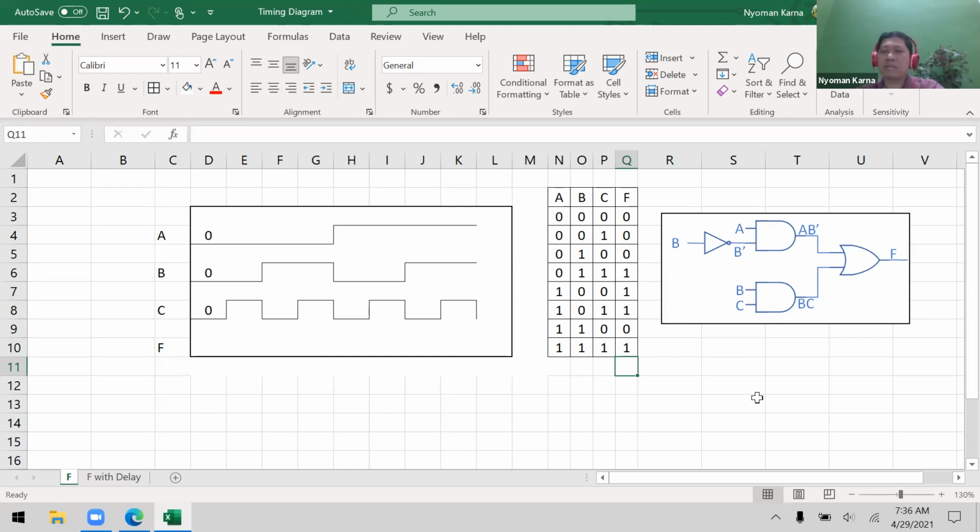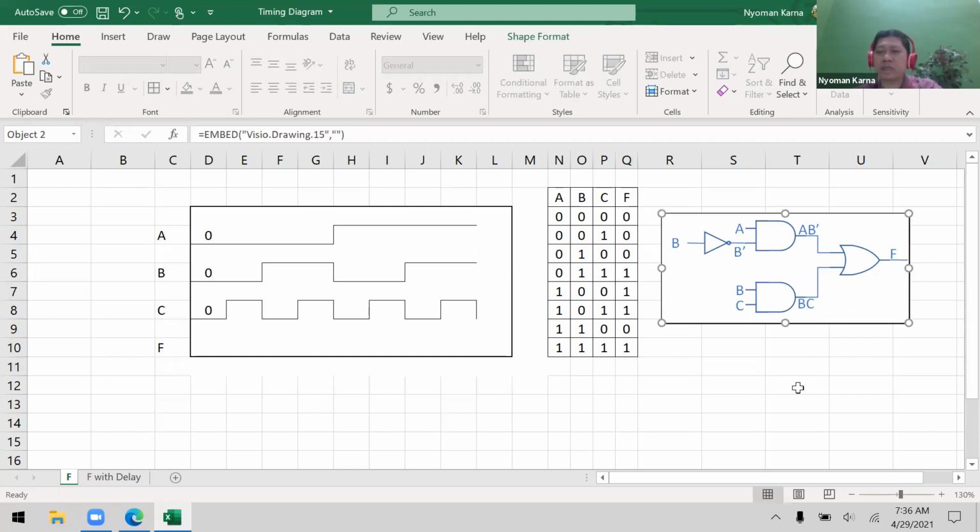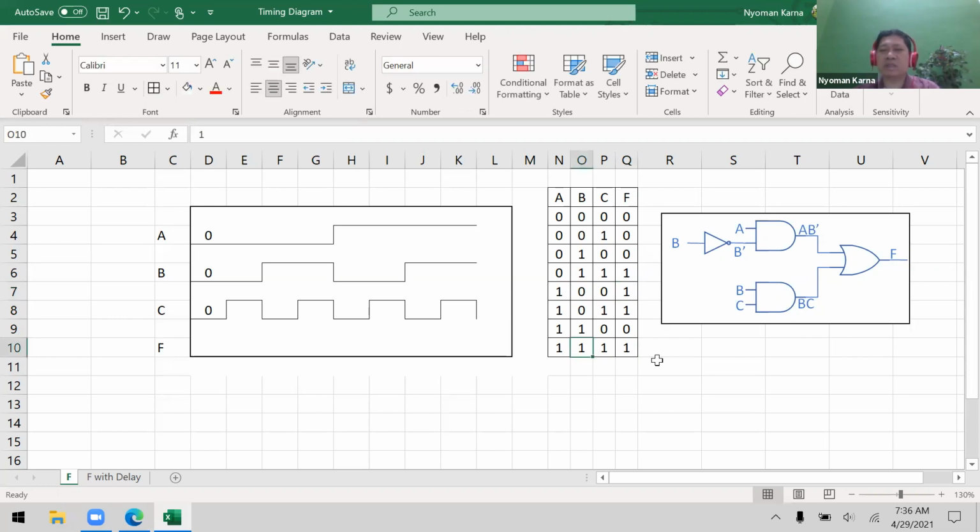Okay, so the output will become 1 if BC is 1. BC is 1 in this combination and also this combination, so the output will become 1 whatever the value of A, because when B is 1 and C is 1, B times C, 1 times 1, is 1, and 1 plus anything is 1.